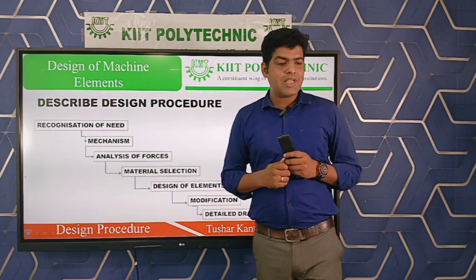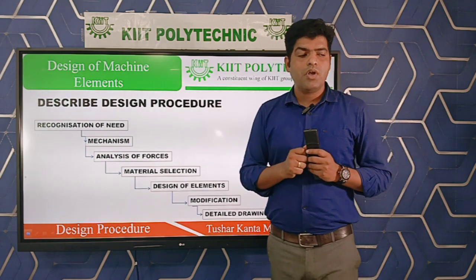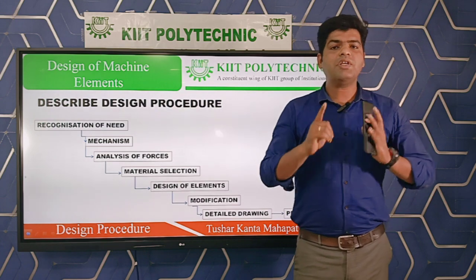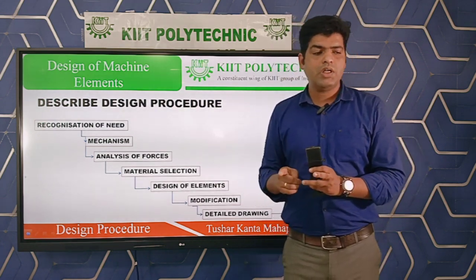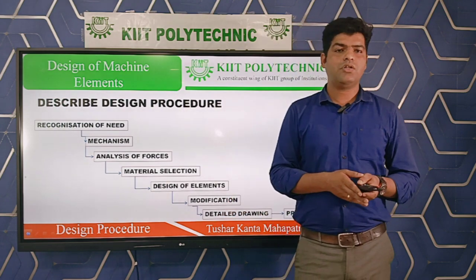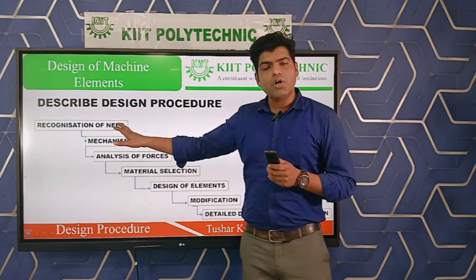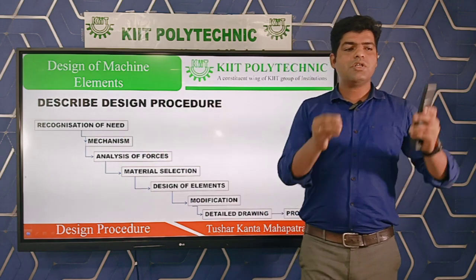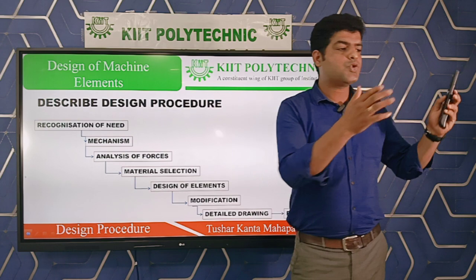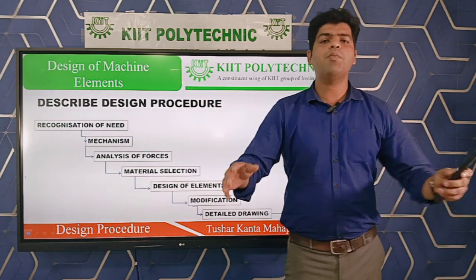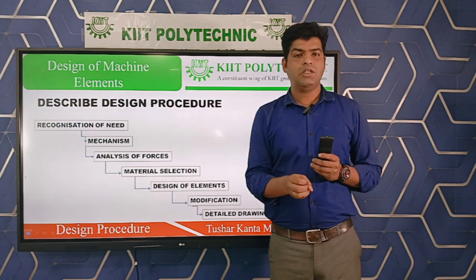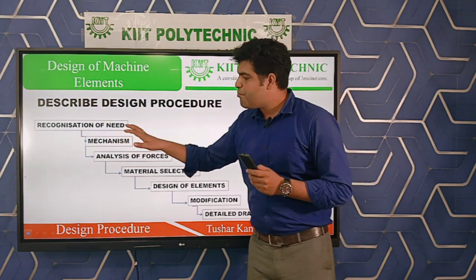Recognition of need means aim. If we think about a design, first we think about the need. Is the design suitable for human beings or not? So how to recognize that need? You can do a market survey and take the opinions of people, students and others, so you can know about the need. After that comes mechanism.